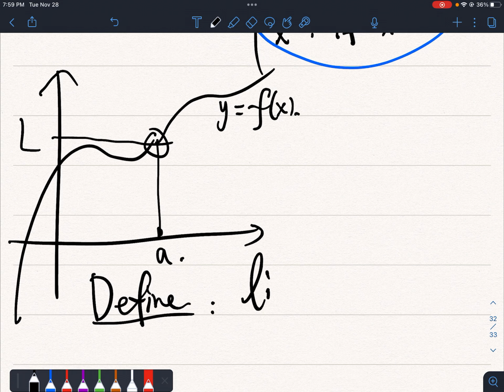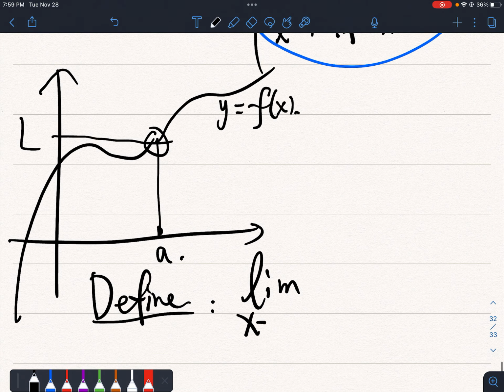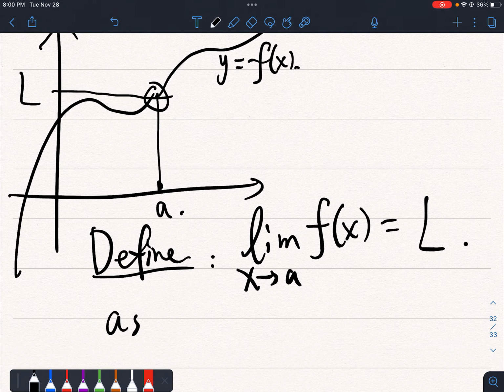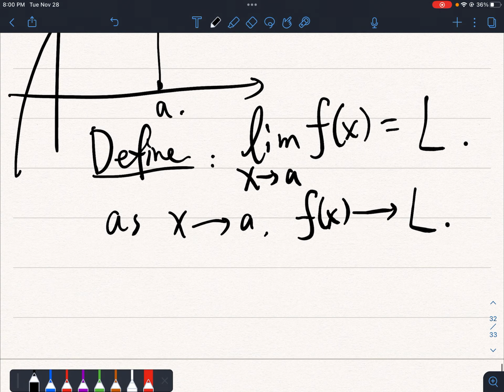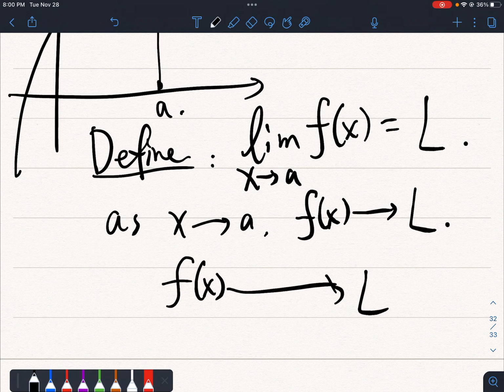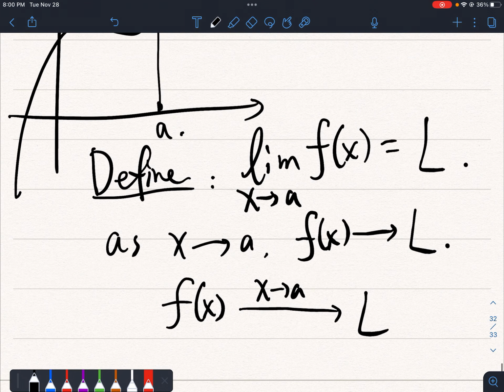So we want to define what it means for the limit as x approaches a of f of x to be L. This means as x approaches a, f of x approaches L. We usually denote this by f of x approaches L when x approaches a.